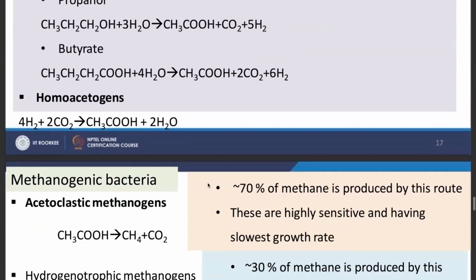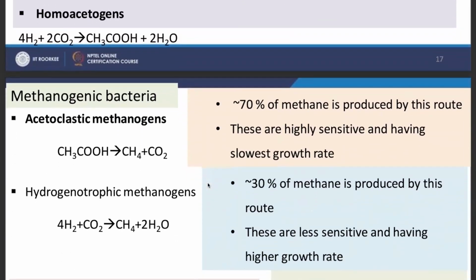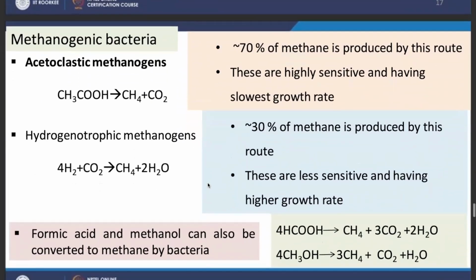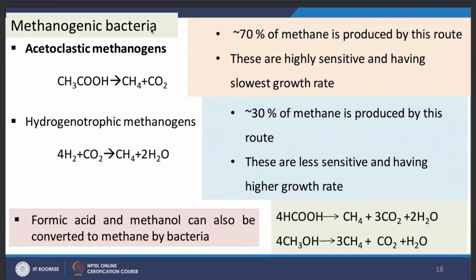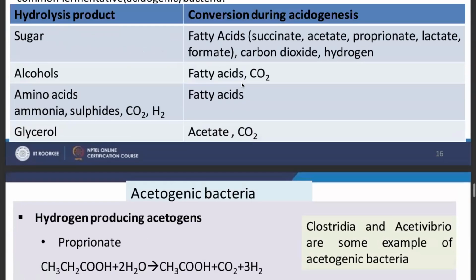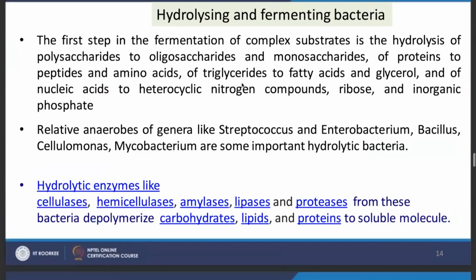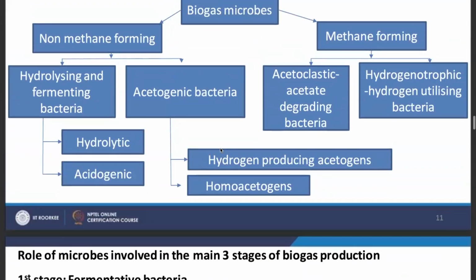So coming to the last stage of the anaerobic digestion, that is the methane production stage. So we have methanogenic bacteria. What were methanogenic bacteria? There were two types of methanogenic bacteria belonging to this category of microbes. First was acetoclastic and the other was hydrogenotrophic, right?